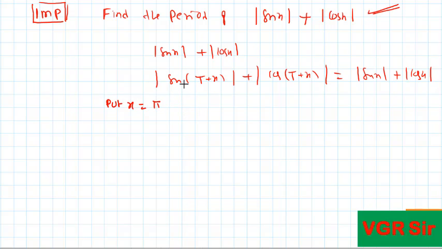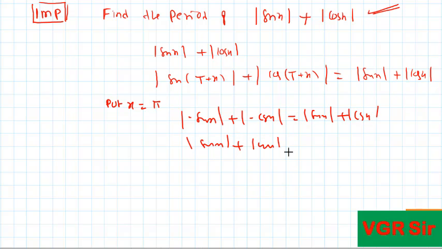Then what happened? Mod of sin of pi plus x, that is minus sin x, plus mod of cos x equals mod sin x plus mod cos x. What is the meaning of this? t equal to pi is satisfying.